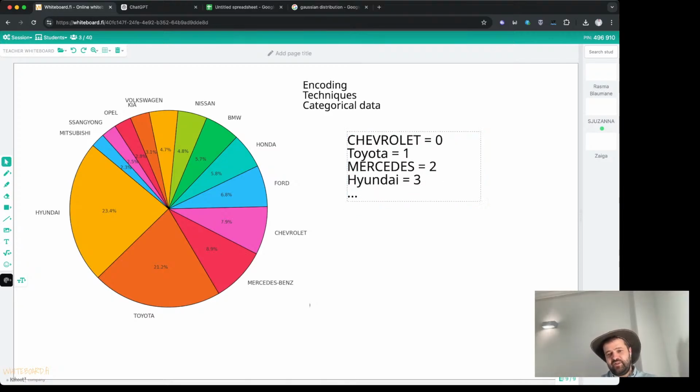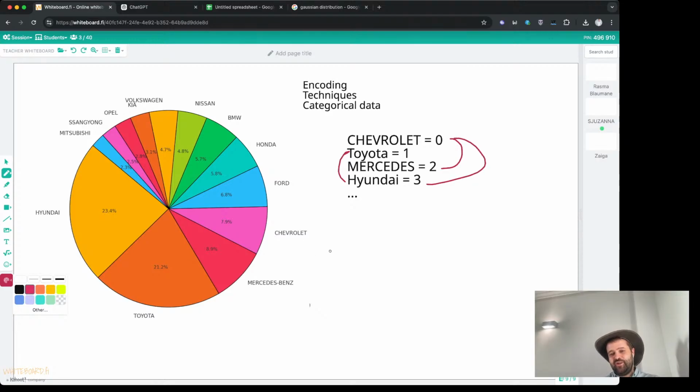And what actually happens now is that Hyundai is 3 times better than Toyota, and it doesn't make sense at all. You see, the distance between these two is 3 minus 1, which is 2, and here 2 minus 0 is 2, and here 3 minus 0 is 3.